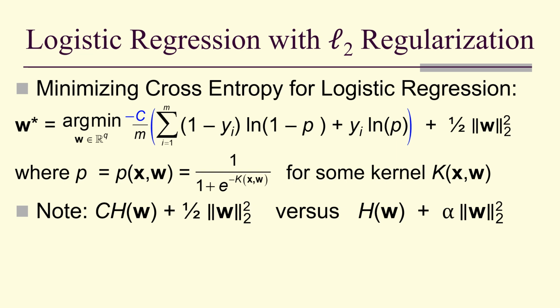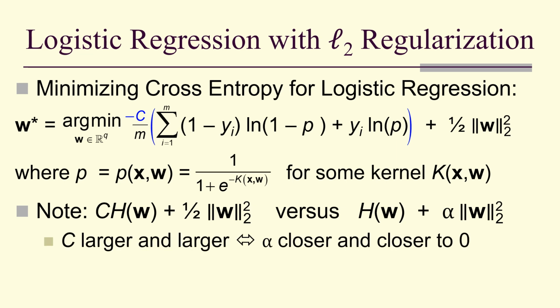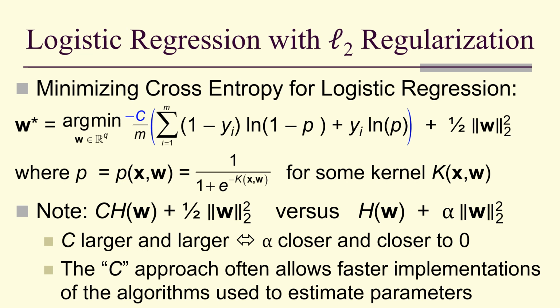So that means I've got C times my objective plus my regularization term, rather than H plus some regularization term. And as C gets larger and larger, alpha gets closer and closer to zero. Why do we use the C approach? Well, especially in the past, we found that the C approach with existing software and approaches allowed faster implementations of the algorithms used to estimate the parameters.